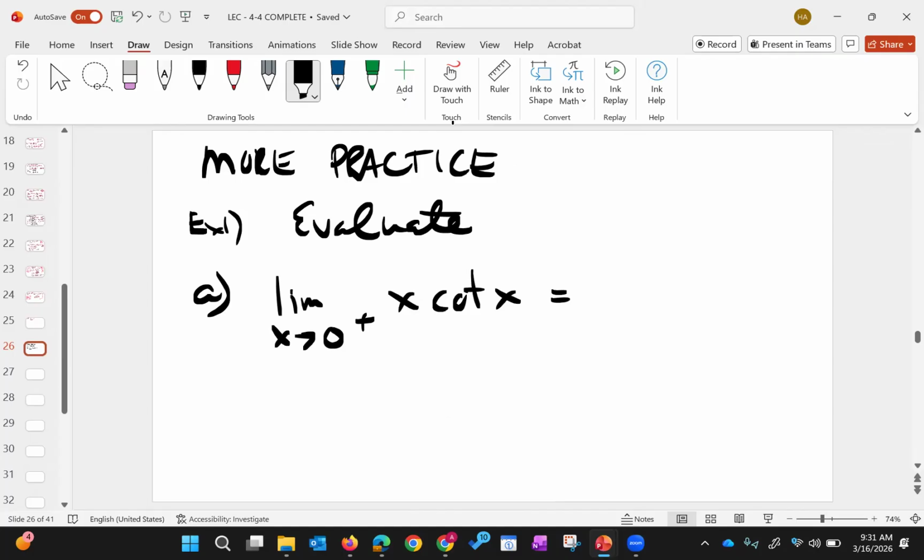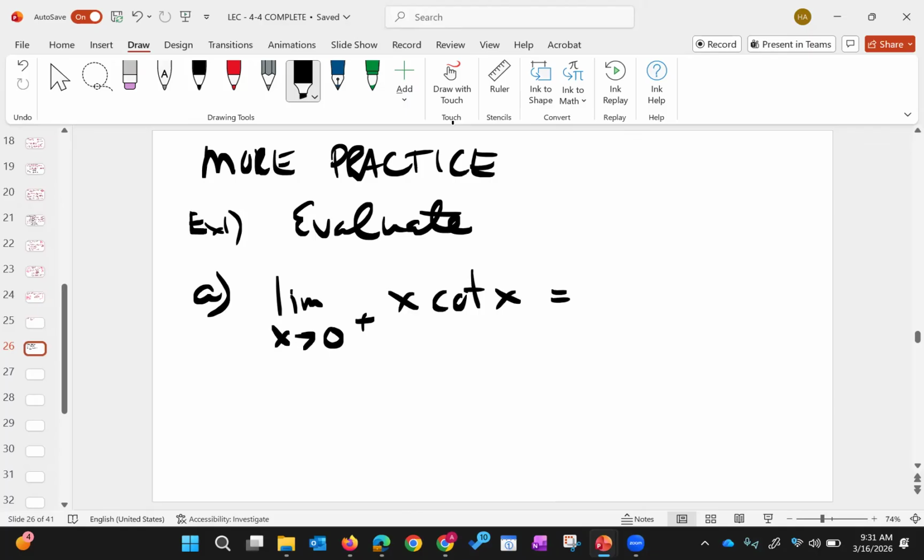So one product rule, one difference rule, and then we'll move on to one or two, based upon how we do on this one.